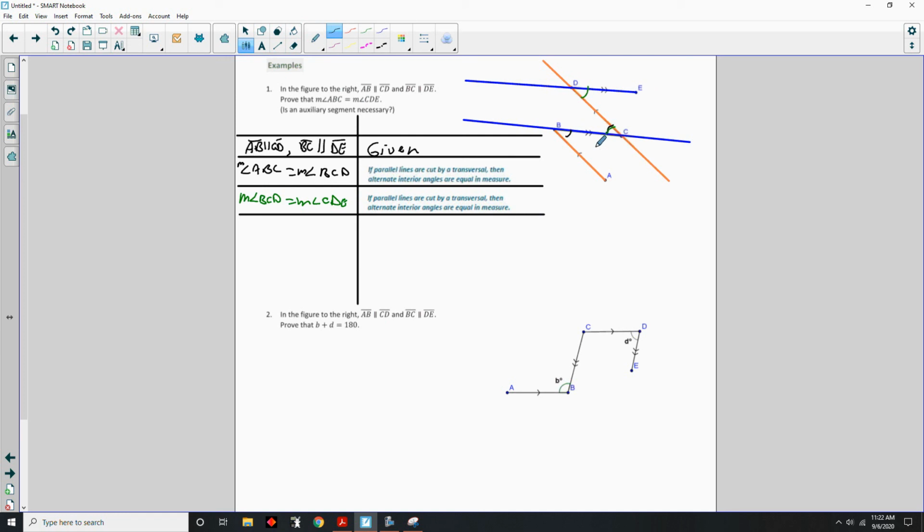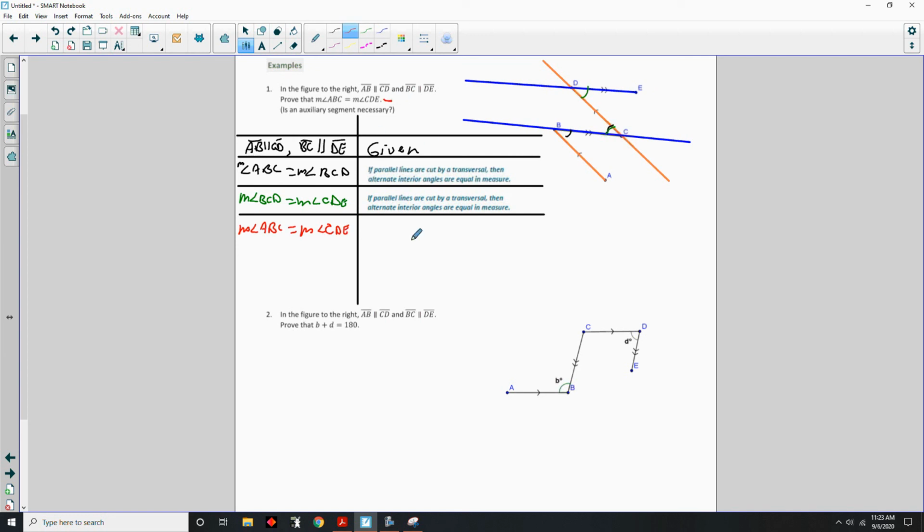What are we trying to prove? We're trying to prove that ABC is congruent to CDE. ABC is congruent to BCD, and BCD is congruent to CDE, so now we can say the measure of angle ABC equals the measure of angle CDE.